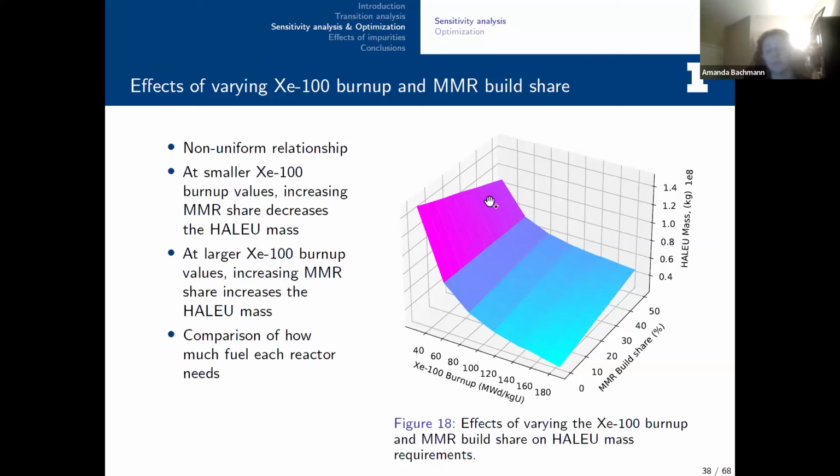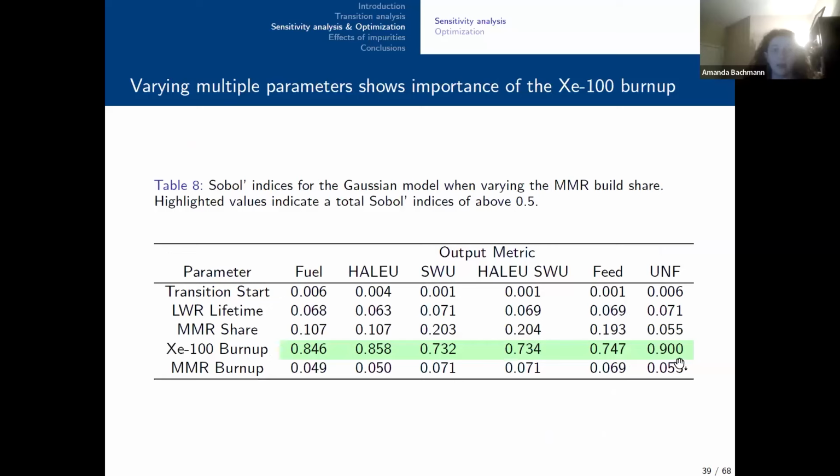So that's why, at the low burnups, increasing that MMR build share actually decreases the HALEU mass that we need. But when we get the XE100 up to those higher burnups, closer to the 168 that it's designed for, it's going to need less fuel than the MMR needs. And so that's why we see it increase across the MMR build share space at these higher burnups.